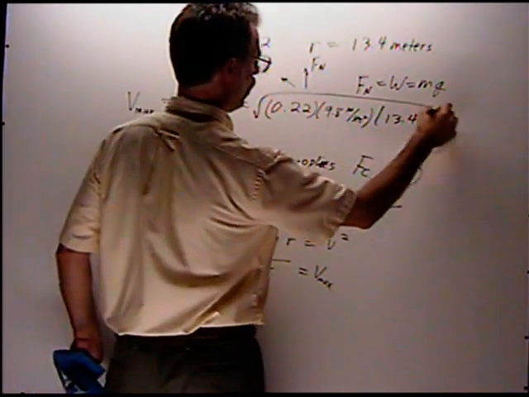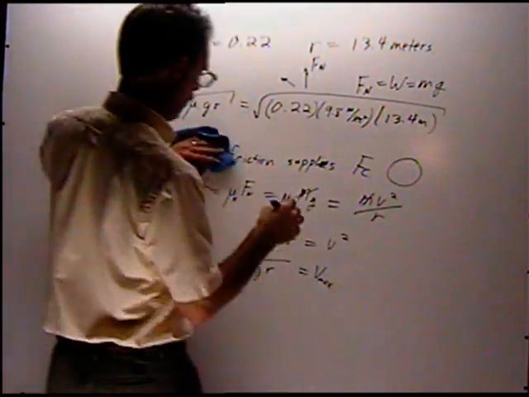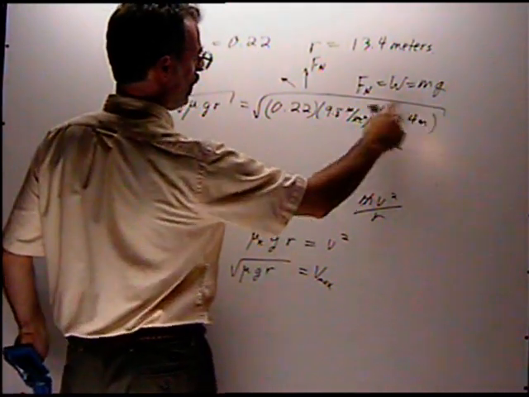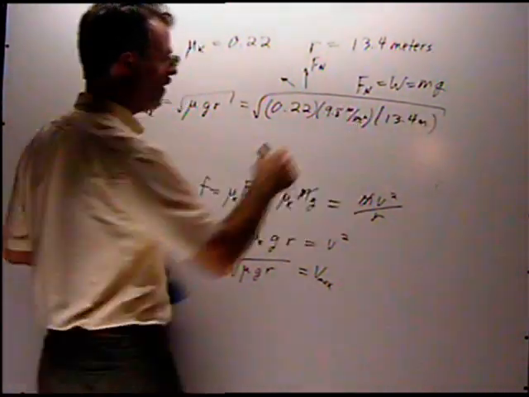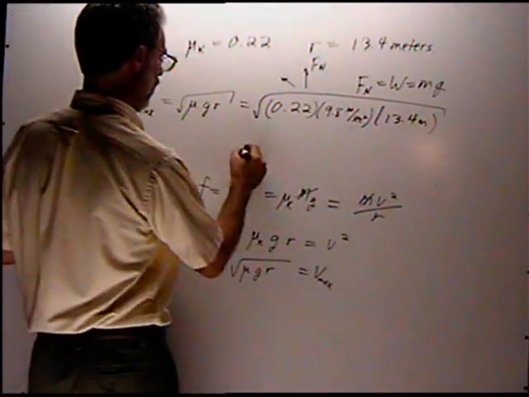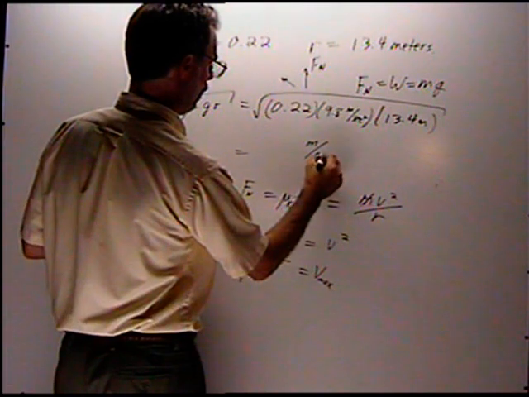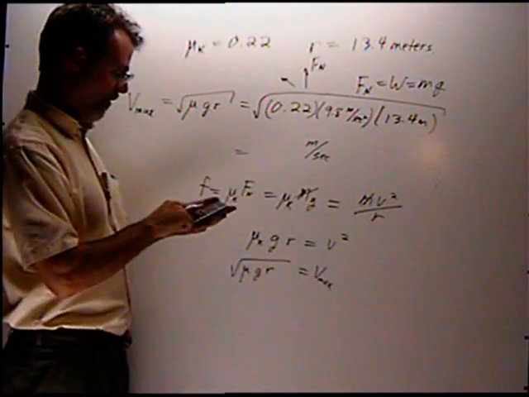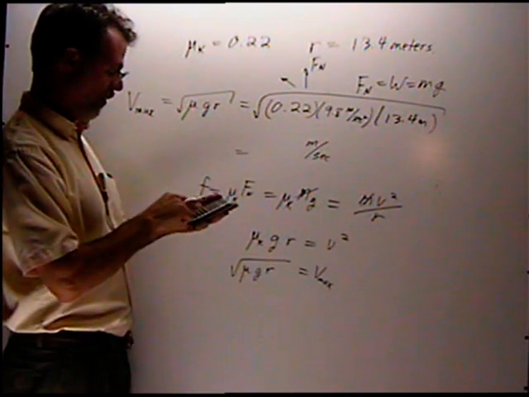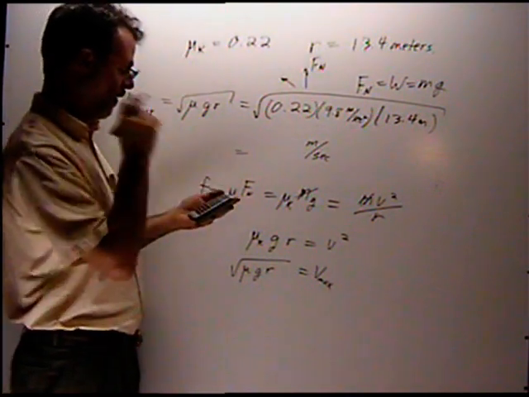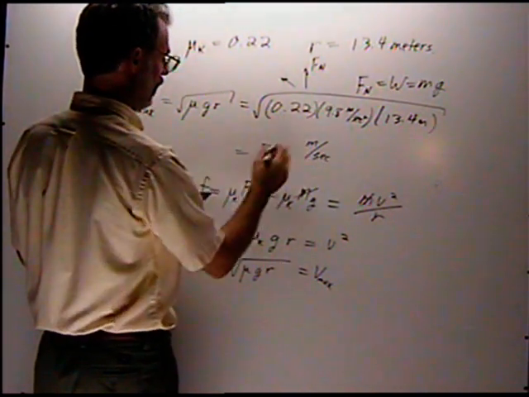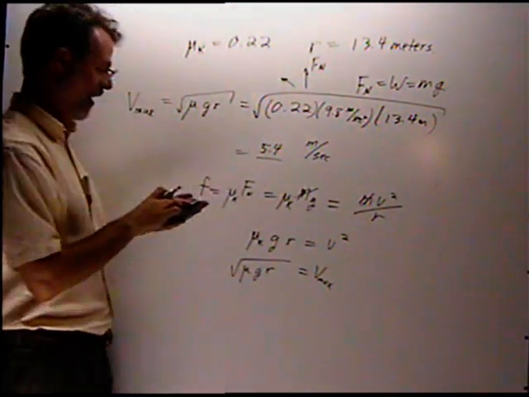Now notice we have meters times meters squared divided by meters, so second squared. So when we take the square root, we'll end up with meters per second. So 0.22 times 9.8 times 13.4, and then take the square root, and I get 5.4, rounding off to two significant figures, 5.4 meters per second.